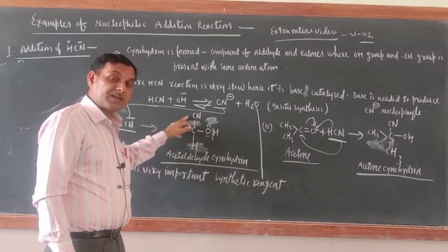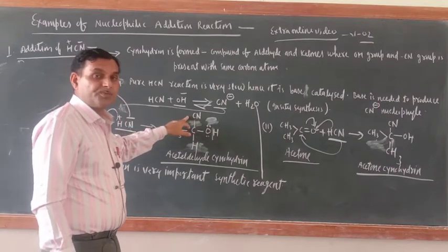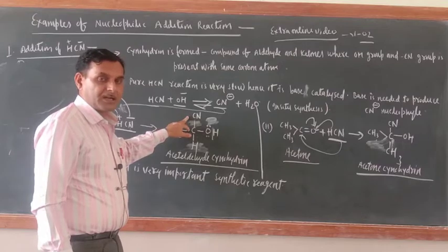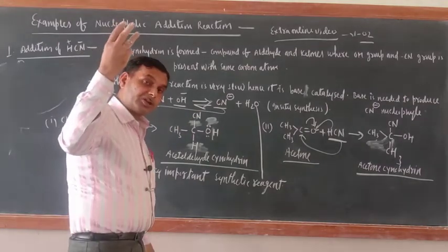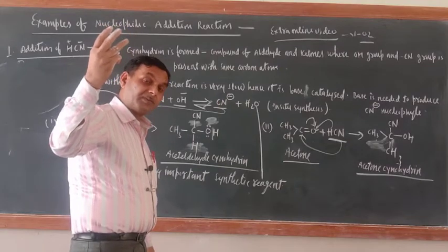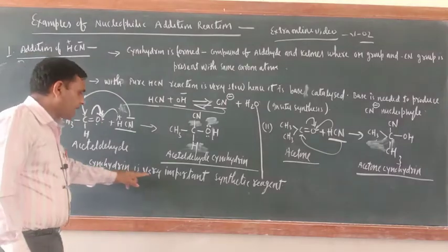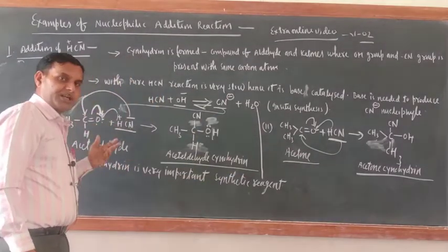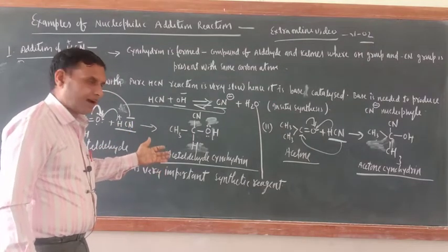Similarly, if they are subjected to reduction in presence of sodium and ethyl alcohol, they will be converted into amine. So with the same one compound, you are getting three different classes of organic compound. So cyanohydrin is a very important synthetic reagent. Synthetic reagent means different classes of organic compounds can be synthesized out of them.